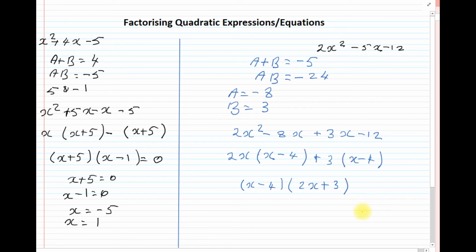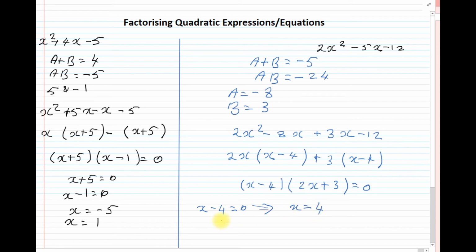Now, had this been an equation, we would set this to 0. I will have x minus 4 is equal to 0, or 2x plus 3 is equal to 0. X minus 4 equal to 0 gives me x equals 4.